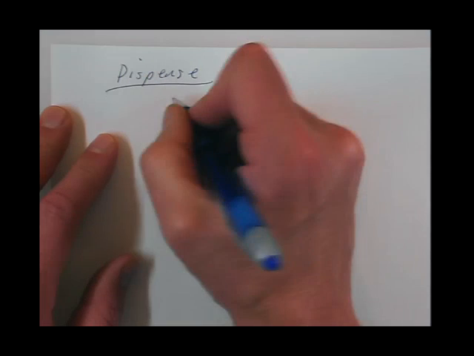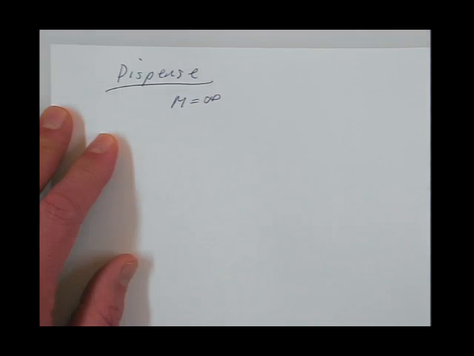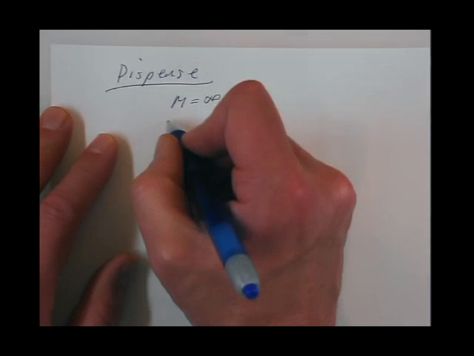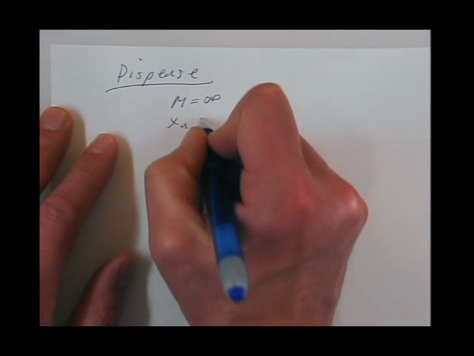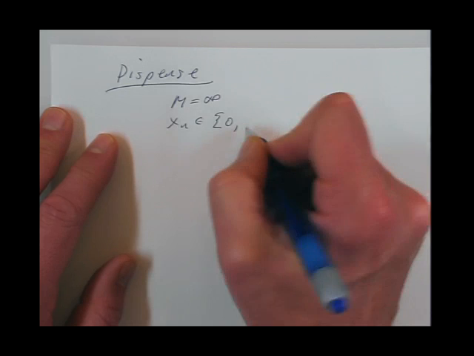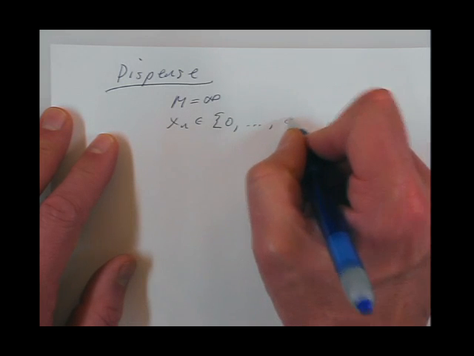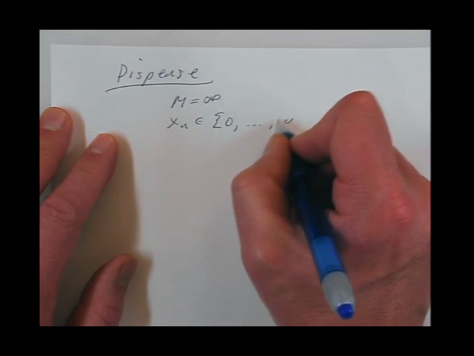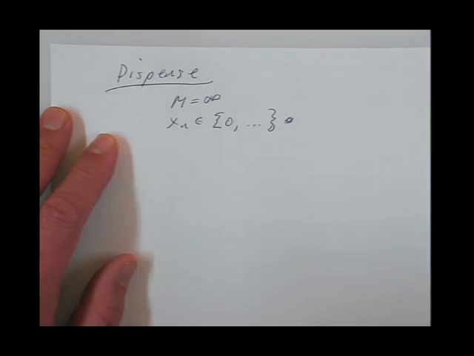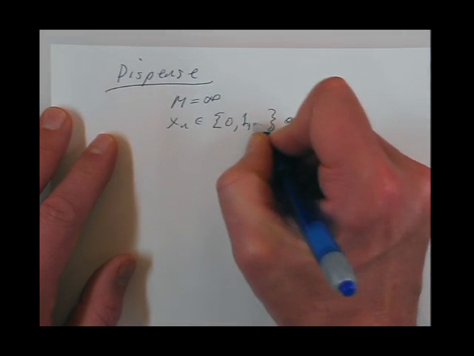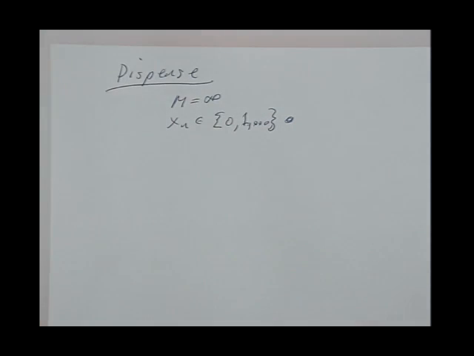So let's say n here is equal to infinity, so that x_n is a member of the set 0 through... I won't put infinity because it doesn't include infinity. So it's 1, 2, 3. It's counting numbers, right?